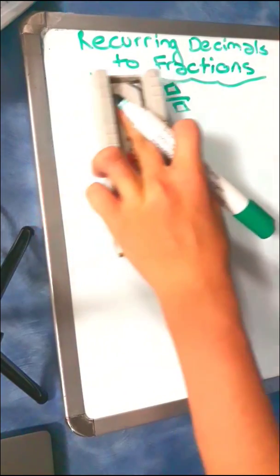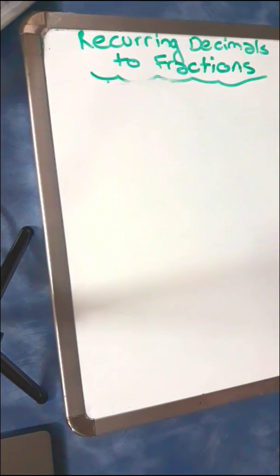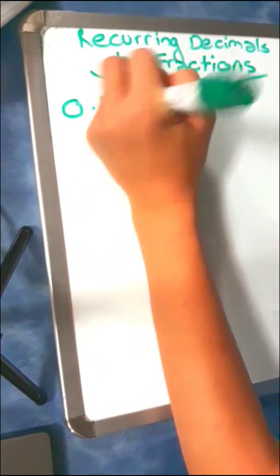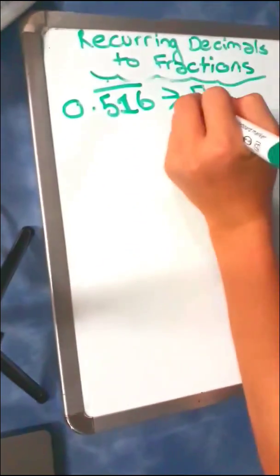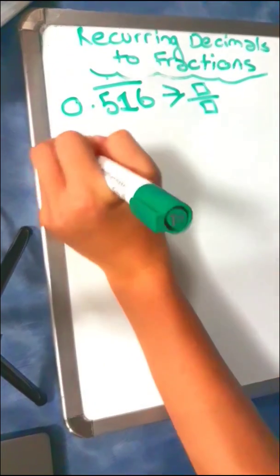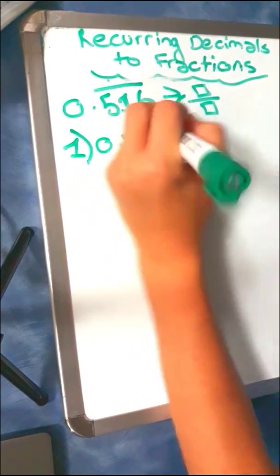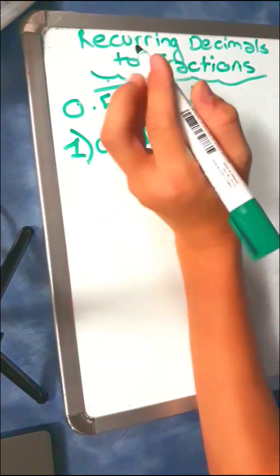Now, for 3 decimal places recurring, we want 0.516 as my example. Once again, the line to a fraction. So step 1, once again, is to times it by the amount of recurring decimals there are.